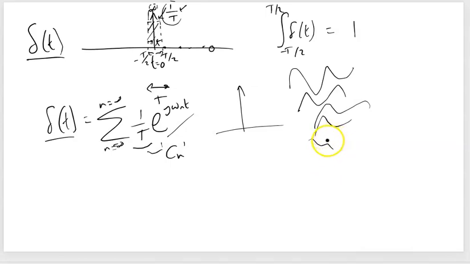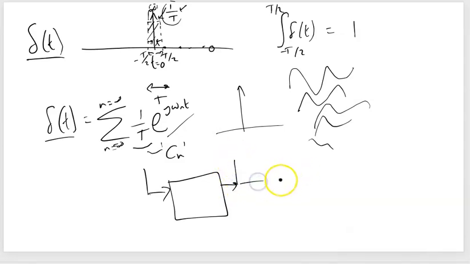But what that enables us to do is, if we were to put this impulse into a system and get an unchanged output, i.e. just a single pulse output and nothing else, then this is like saying x of n equals y of n.